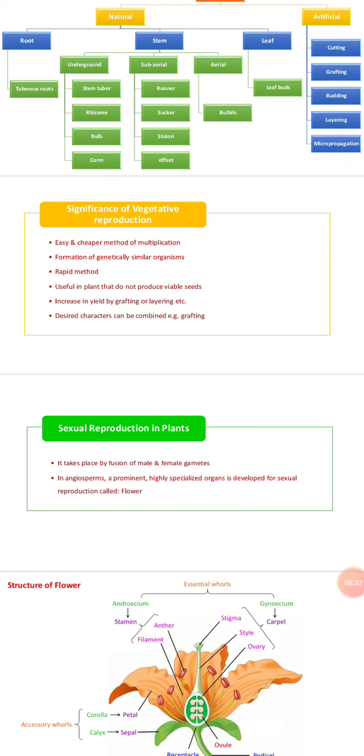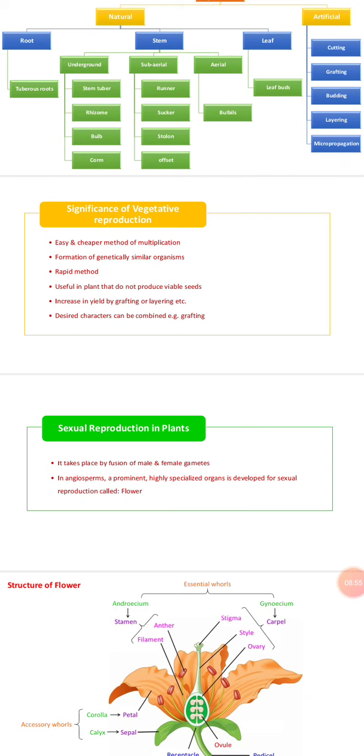It gets swollen in nature because the excess food material gets stored in the modified stem. That is why it has the purpose of storing food material. The stem tuber example we have seen is the potato.